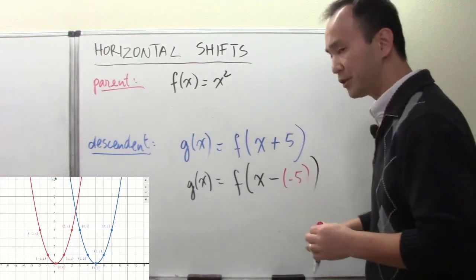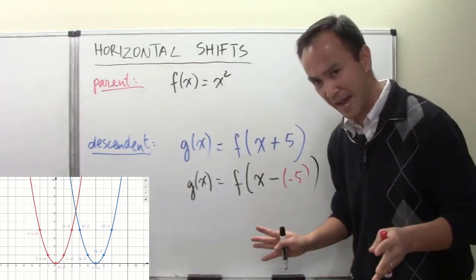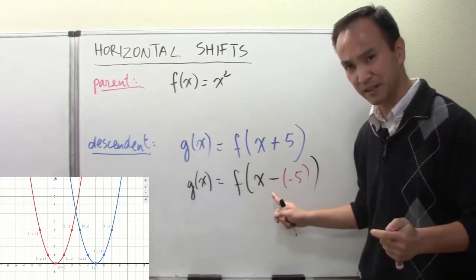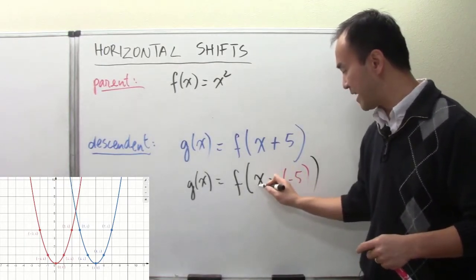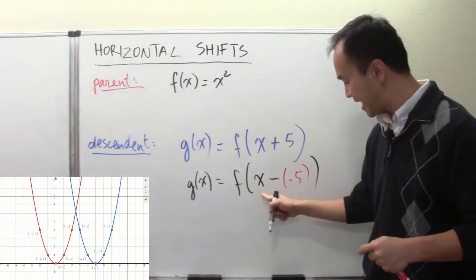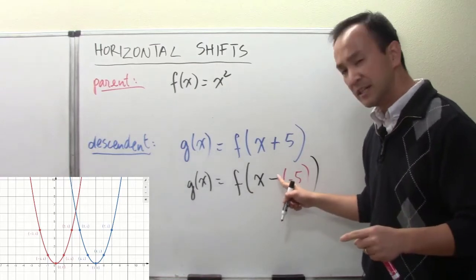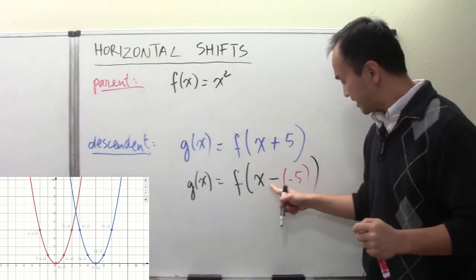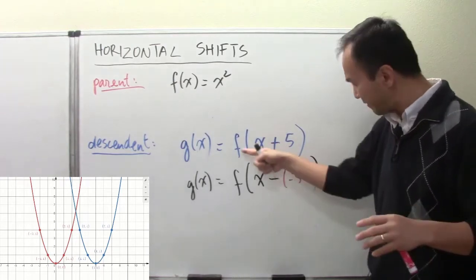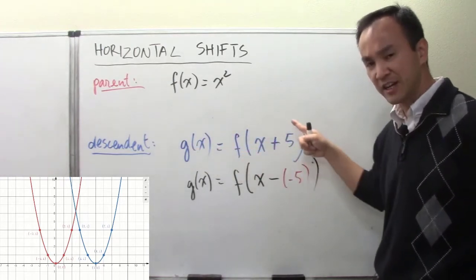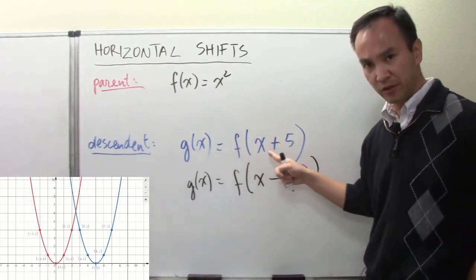Yes, it looks a little problematic when you're seeing a form like this, but I write this down for a purpose. Now we are landing into that form x minus, x subtract, the operation here. We purposely use that as a subtraction operation. A lot of college algebra or pre-calculus textbooks write the transformation this way with x plus 5.